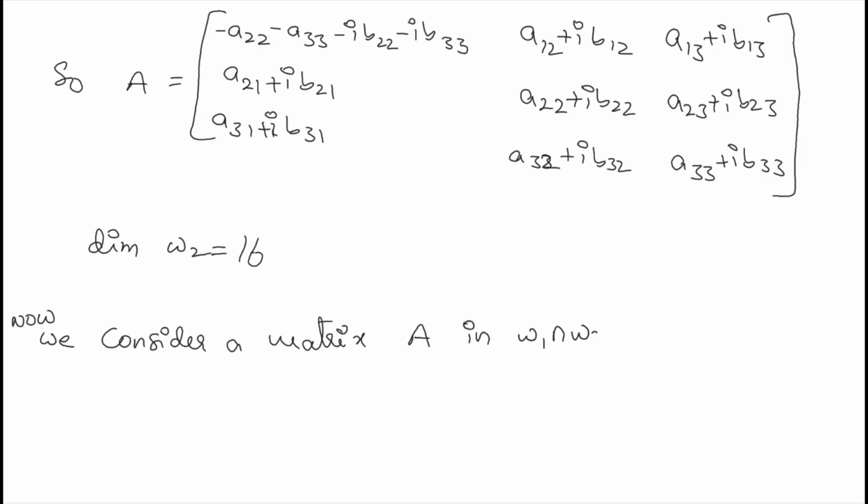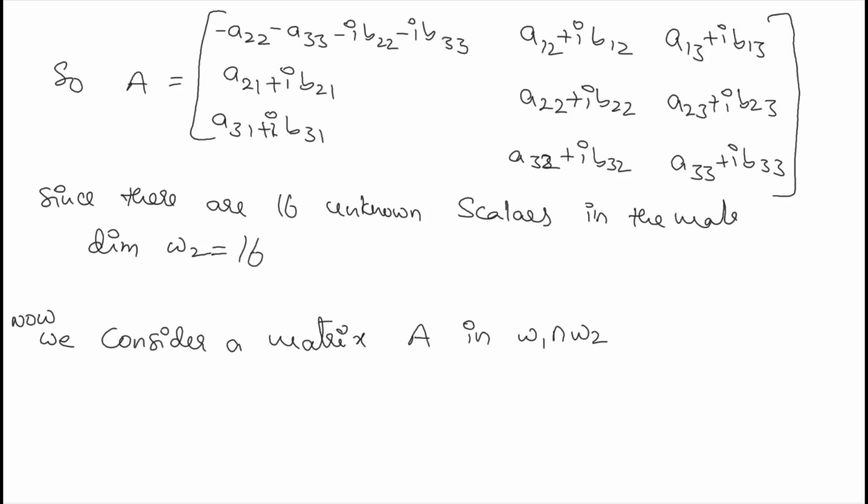Okay, let me write here a statement: dimension of W2 equal to 16, since there are 16 unknown scalars in the matrix A, so dimension of W2 equal to 16.